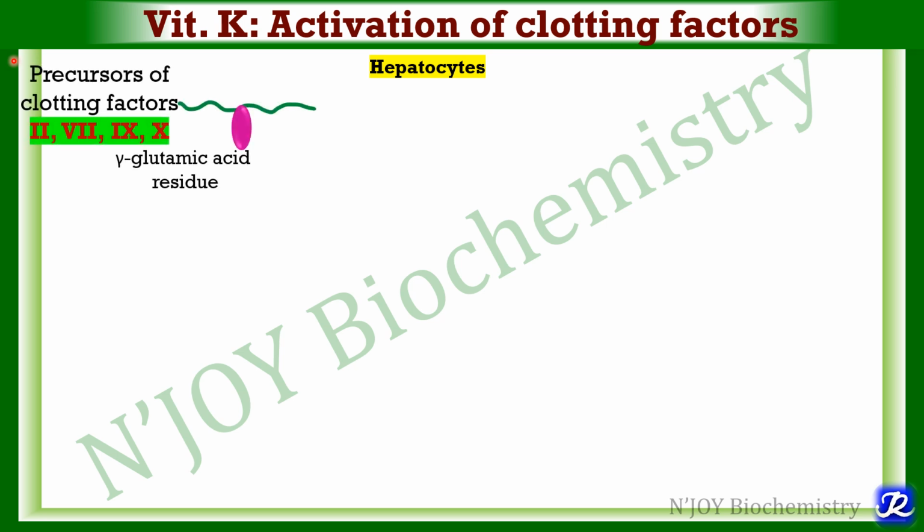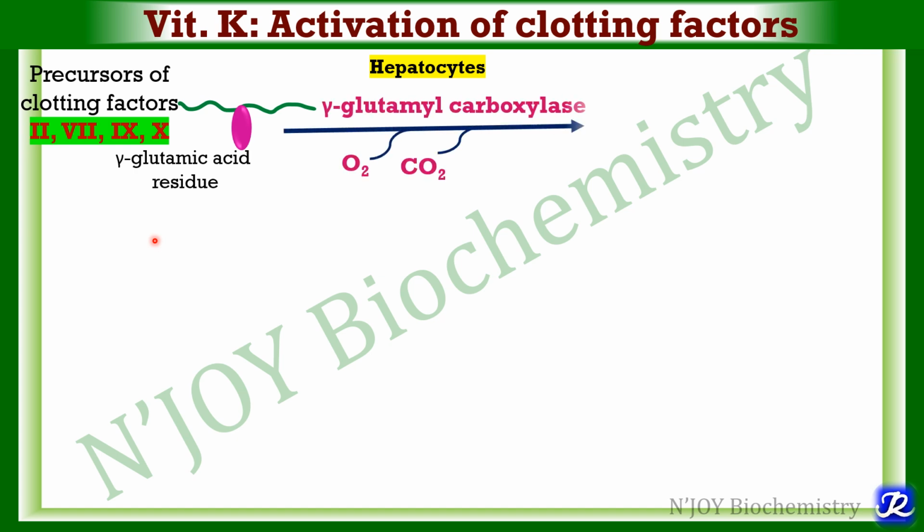The clotting factors are synthesized in the liver in their inactive form, that is the zymogen form, and they have gamma glutamic acid residues. They undergo post-translational modification, that is gamma carboxylation, by the action of the enzyme gamma glutamyl carboxylase.